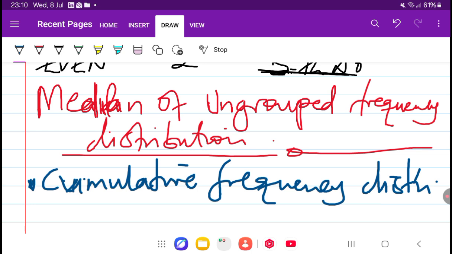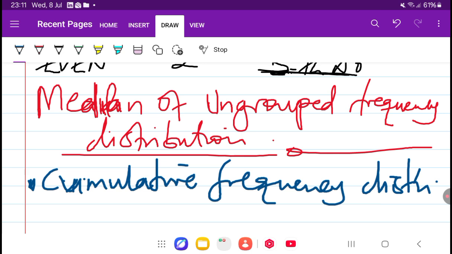So that's why when we were first talking about some of the things, we made sure that we really get to understand the different steps, how to draw those cumulative frequency distribution tables. Those are the things that we went through in our first videos.